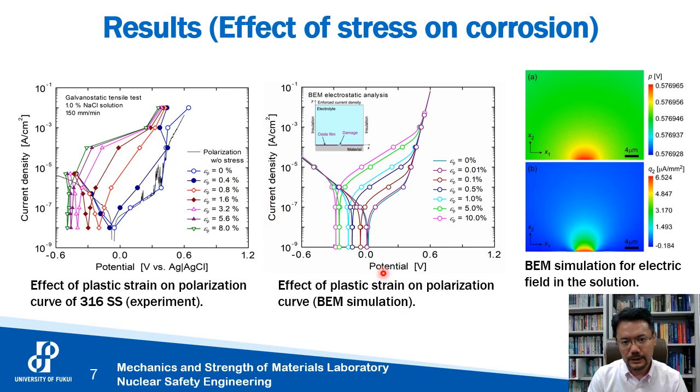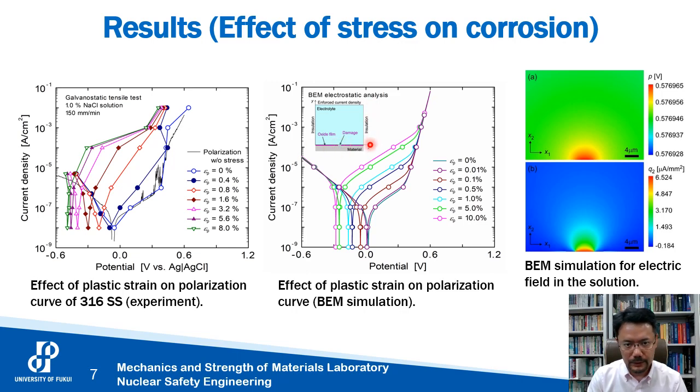And in the result of simulation, we can see similar results. So we gave two different polarization curves to the damaged surface and the oxide film. And the damage is located at the center of the surface.